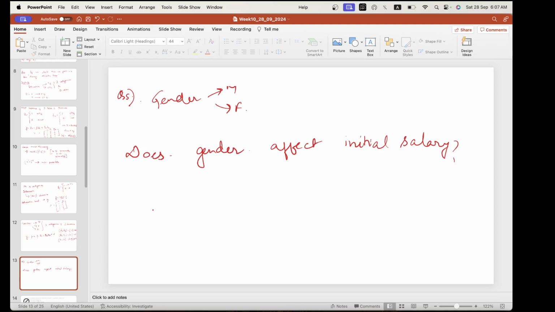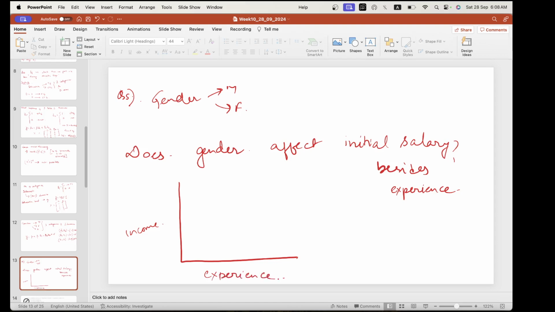Okay, so what we mean to say is that if this is my graph, and besides, let's say, experience, I'm going to plot income versus experience for males and for females.